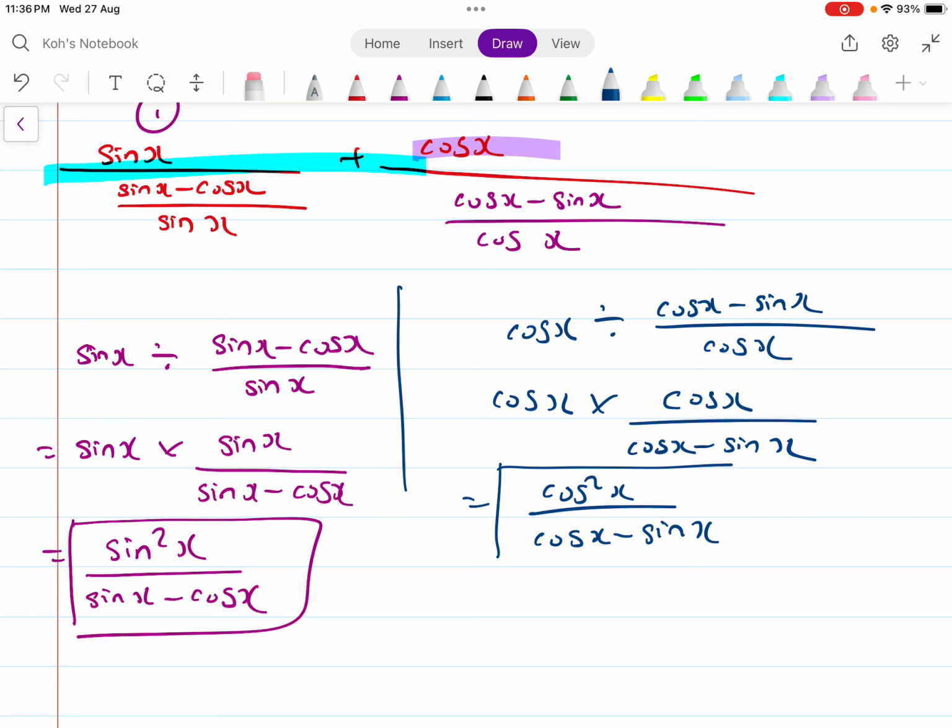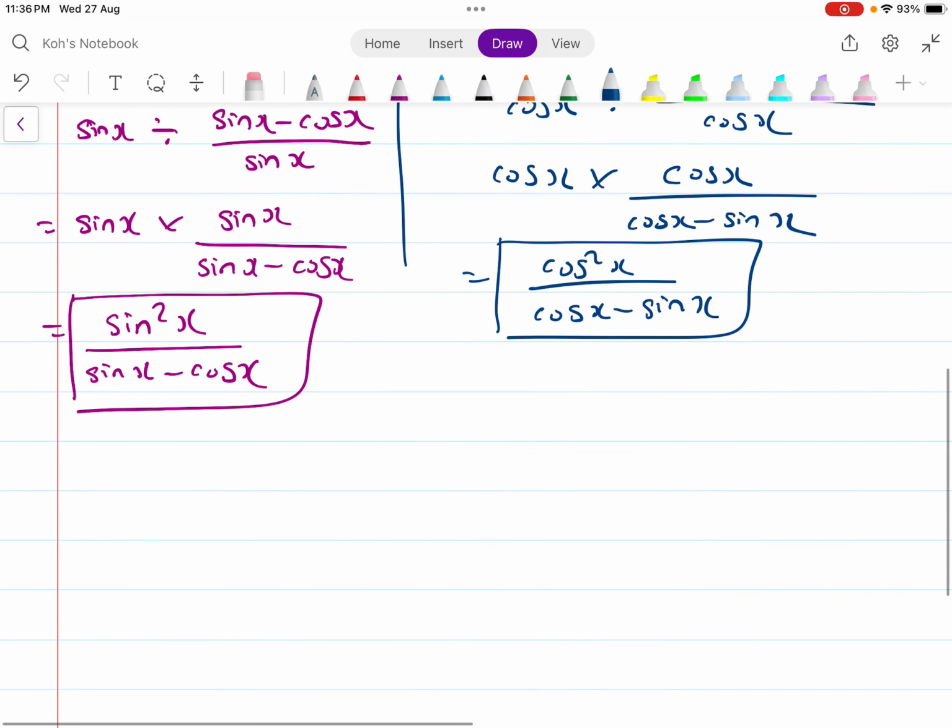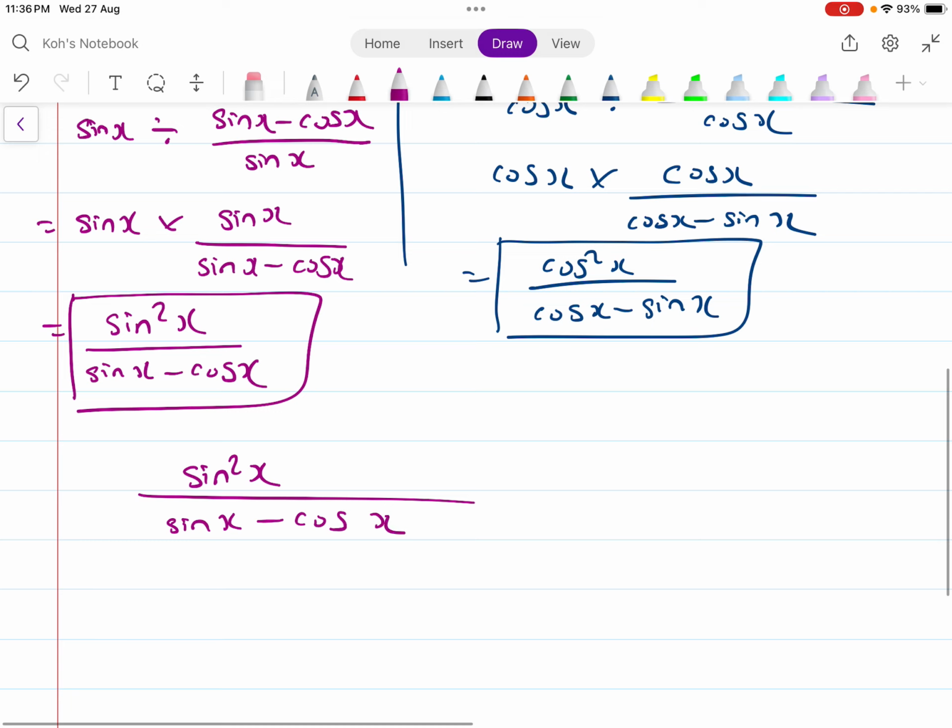So this is the second term. Of course I put them together, then you will see already: sine square x over sine x minus cos x plus cosine square x over cos x minus sine x.